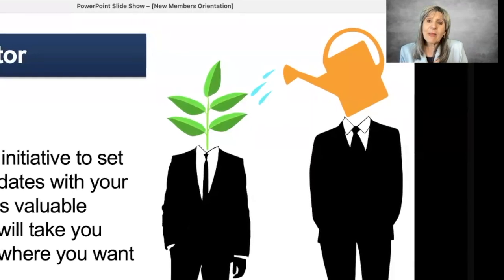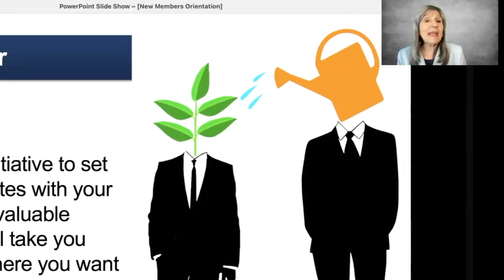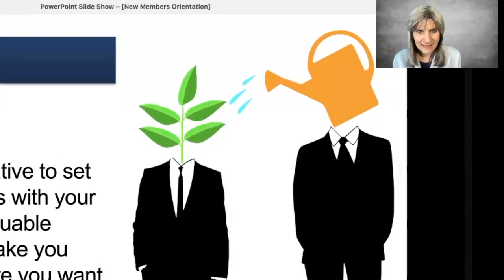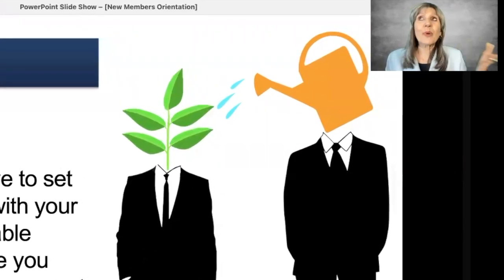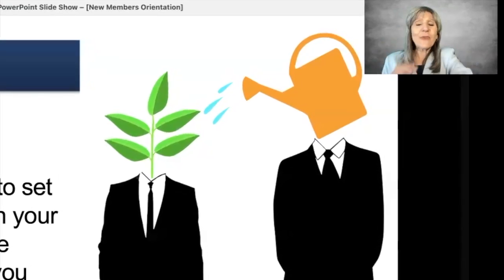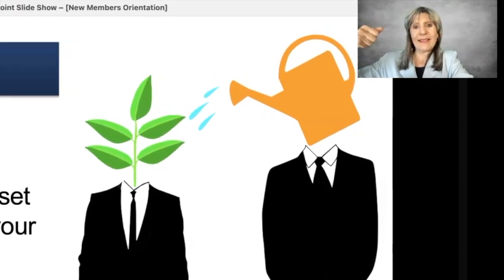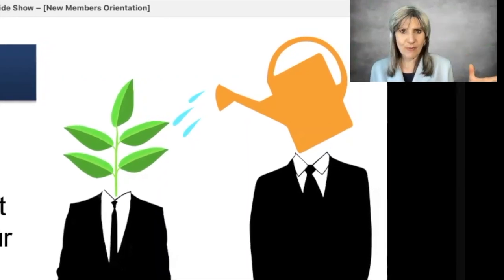Most of the time, a mentorship program is driven by the mentee. But if a mentee doesn't know that, nothing will happen between the mentor and the mentee. So the mentor must guide the mentee, or the protégé, whatever word you want to use, as to how to do it. Now, can you see from this picture? The mentor is the watering can that needs to water the mentee to be able to grow.